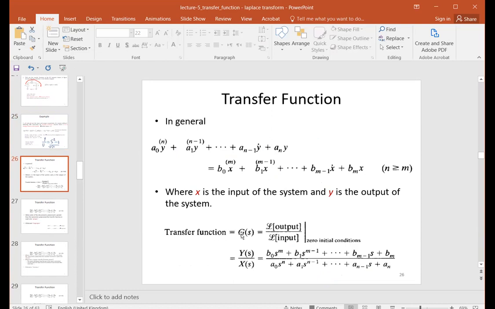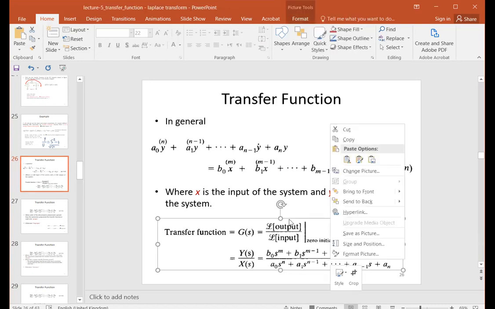In general, the Laplace transform of the output divided by the Laplace transform of the input, which we have done right at the very beginning. This is, again, a simple representation: b0 s^m, b1 s^(m-1), etc., all the way to b(m-1) s plus bm.